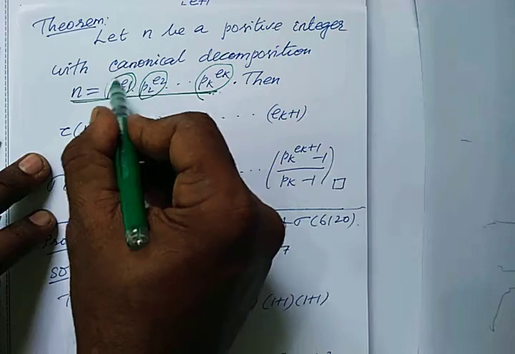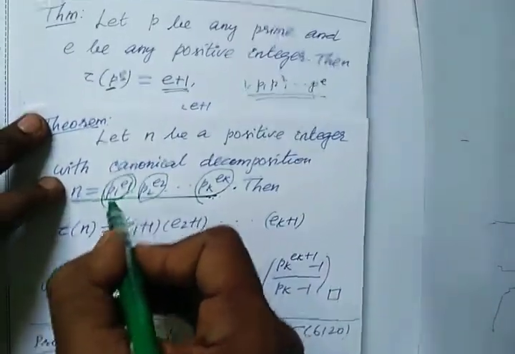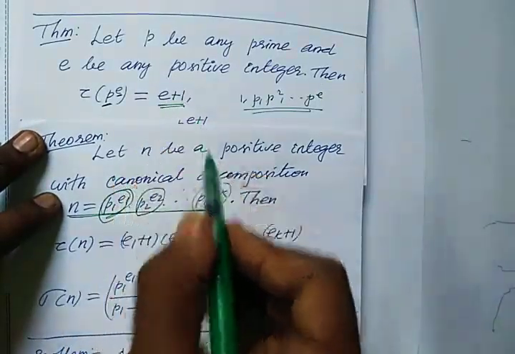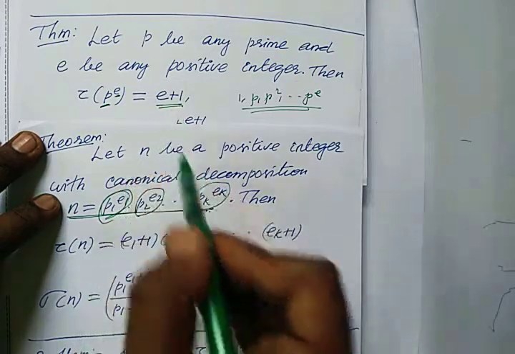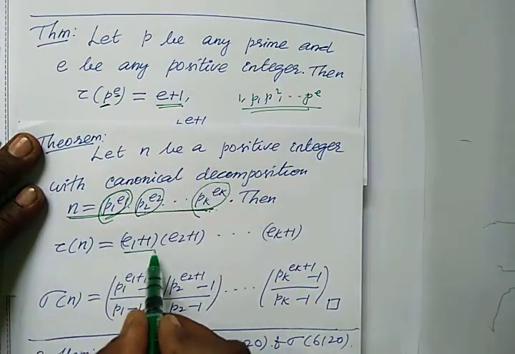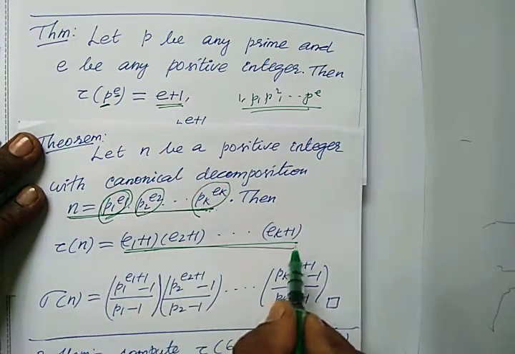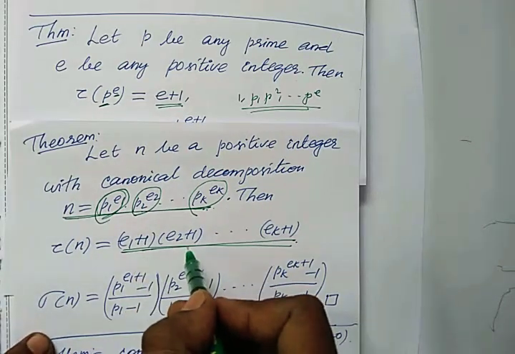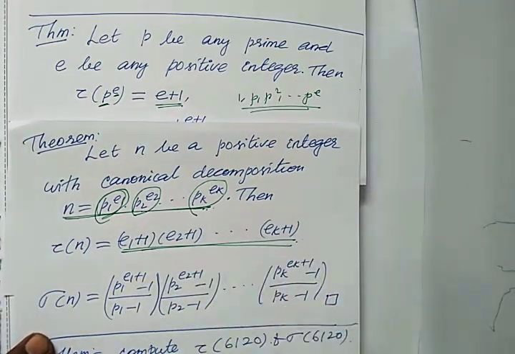Tau of the first is e1 plus 1, tau of the second is e2 plus 1. So tau of n is equal to e1 plus 1 into e2 plus 1, etc., ek plus 1.